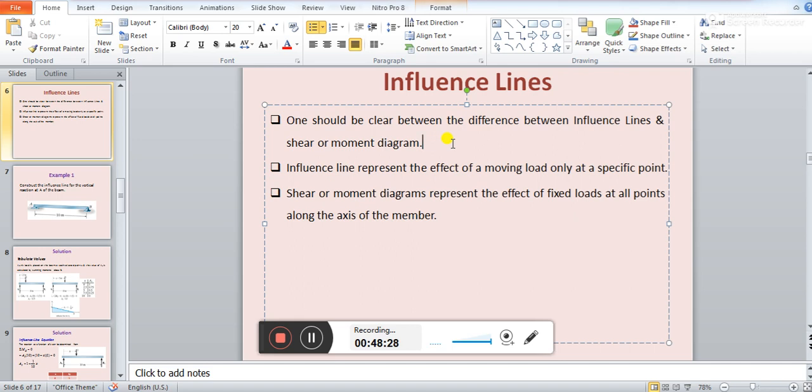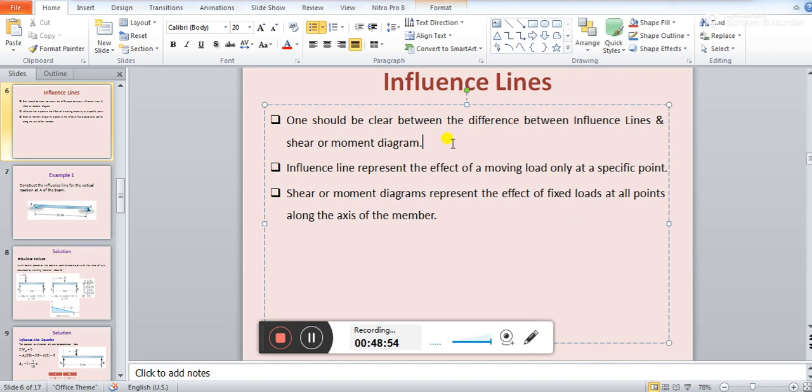This is very important. Unlike the bending moment and shear force diagram, where you get, for a fixed position of the load, the bending moment and shear force at different positions of the beam.